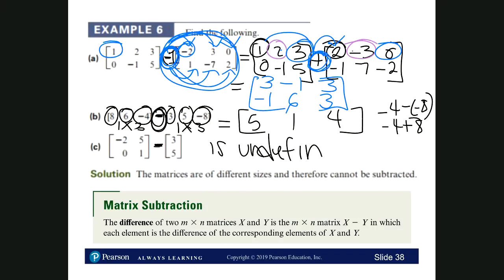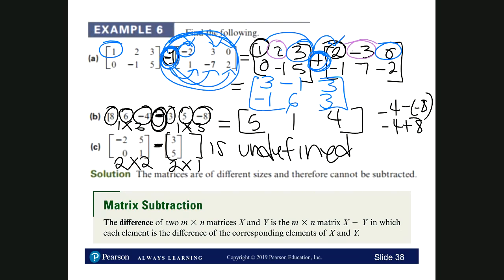For the purpose of your homework on MyMathLab, I'm not sure what word they will give you, but it could be not defined, impossible, undefined, something around that. The reason is that the dimensions for the second matrix are 2 by 1. Because we do not have the same number of rows and columns, we cannot subtract the numbers.